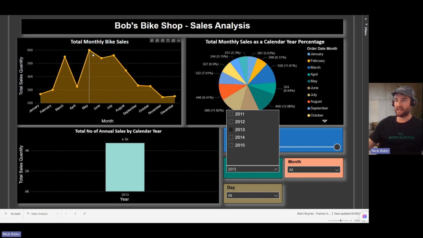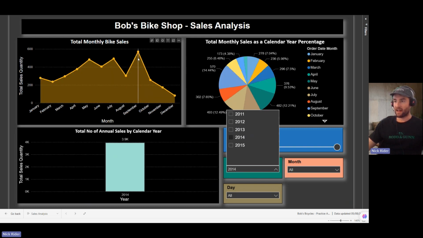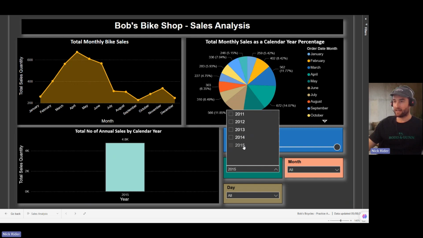And again here, he's hit 600 in May in 2013. And then we've got a bit of an outlier month here of September, where he hit 570 in 2014. And then we go back to 2015 next, where he's got 672 for April again.